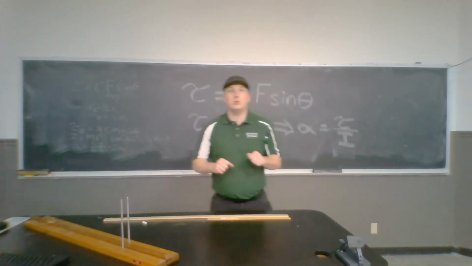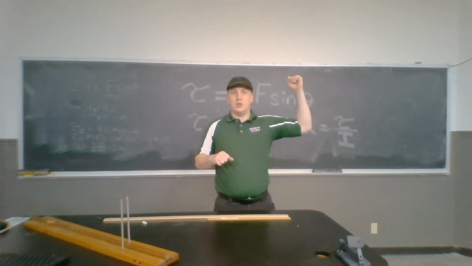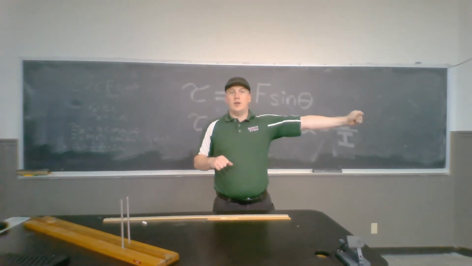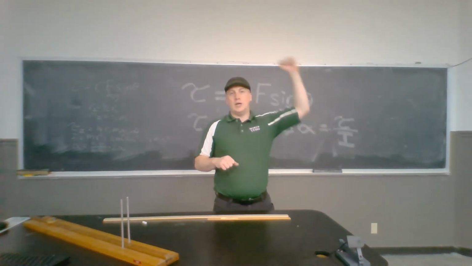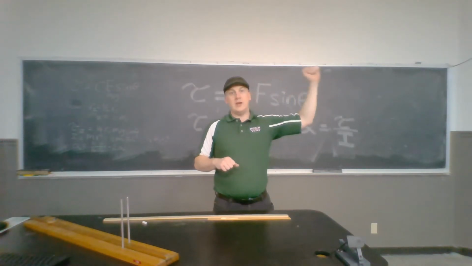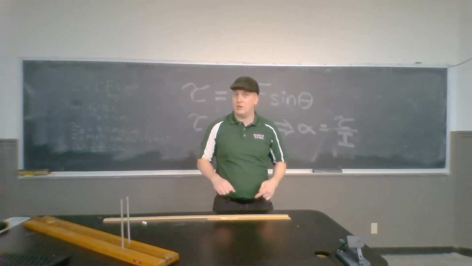Now theta is with respect to the zero axis and between the radius direction and the force applied. So if we are looking at a zero direction and we go counterclockwise, that is a positive torque. But if we go in the other direction, clockwise, that would be a negative torque.